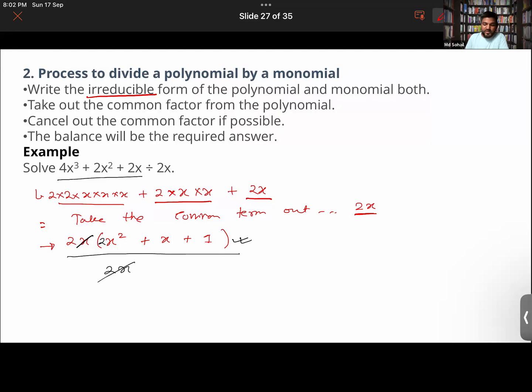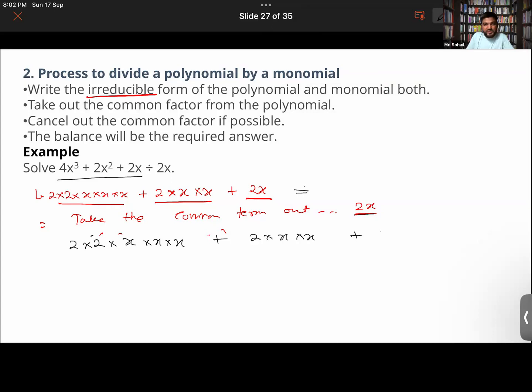Okay, that is how we got it. Look here. Let me rewrite it. We have taken the common term 2x here. If you were to take the common term out of it, this is the expression: 2 into 2 into x into x into x plus 2 into x plus 2x.